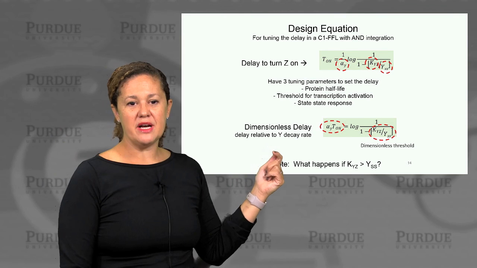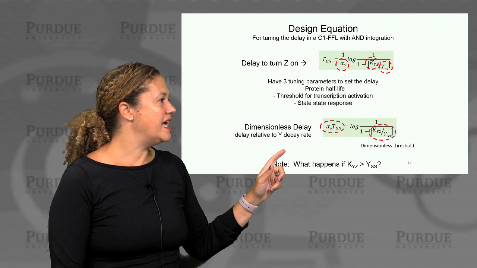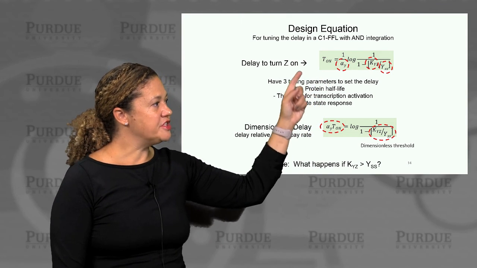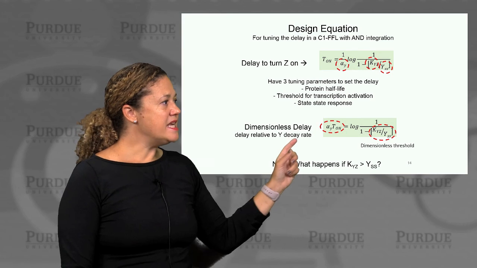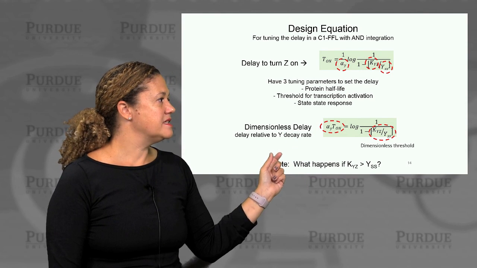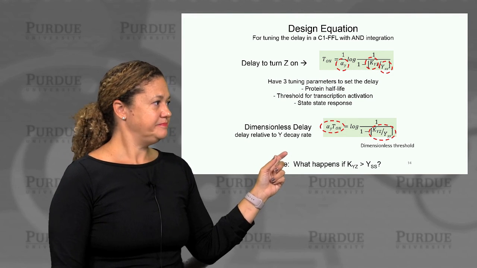Now, if we rearrange this just slightly and look at our delay as a dimensionless delay. So I'm just going to move this alpha term to the other side. And now this alpha Y T on is really a dimensionless delay. It's a delay that's relative to the Y decay rate.